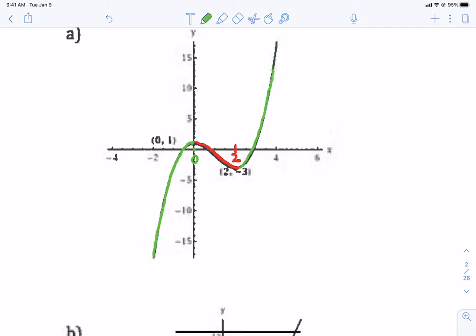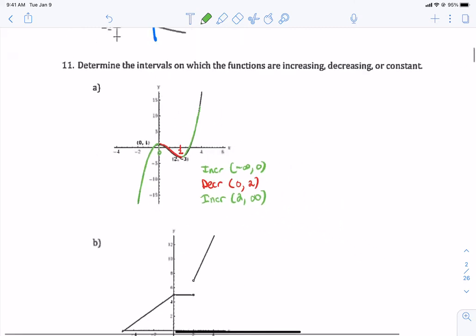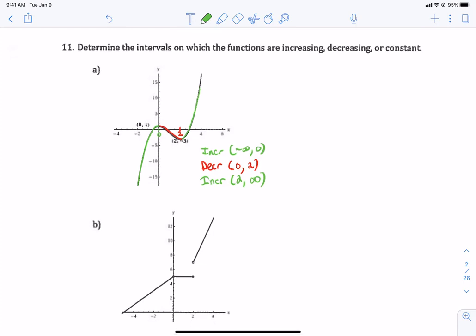So how do you write that? Well, it's increasing from an x value of negative infinity to an x value of 0. It's decreasing from an x value of 0 to an x value of 2. And then it's increasing from an x value of 2 to an x value of infinity. Okay. Any questions there?